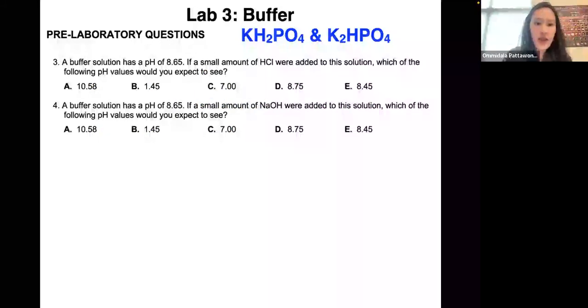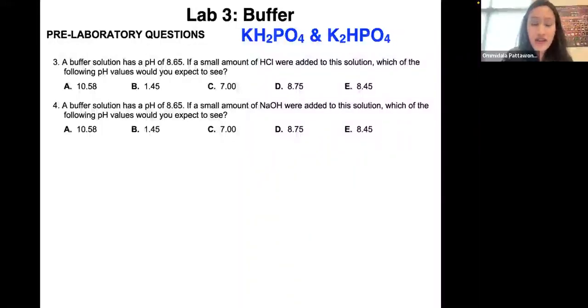Before we can answer the PreLab questions number 3 and 4, we will need to understand first what a buffer does. A buffer solution can resist a large pH change when a small amount of strong acid or a small amount of strong base is added to the solution. I'm going to talk about the action in just a few minutes, but what does it mean?